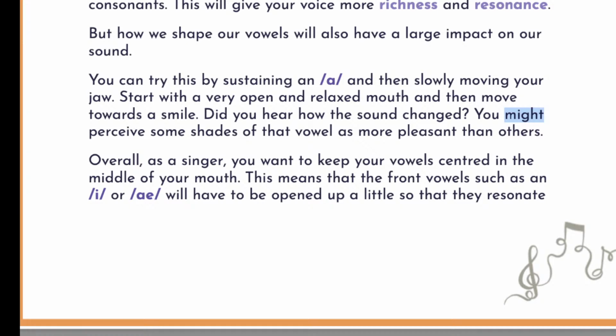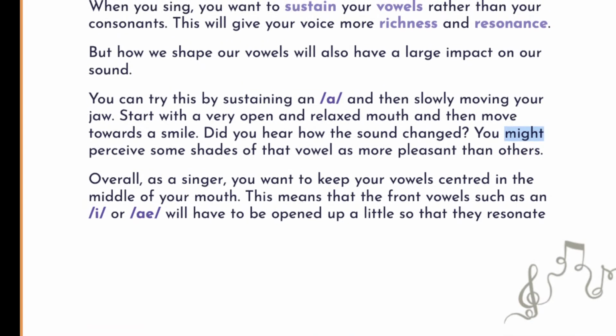You will hear that the sound is changing. It'll still be the same vowel, but you will perceive that the shade of it, the way it resonates within your mouth and throat cavity, feels and sounds very different as well. So let's do that now.